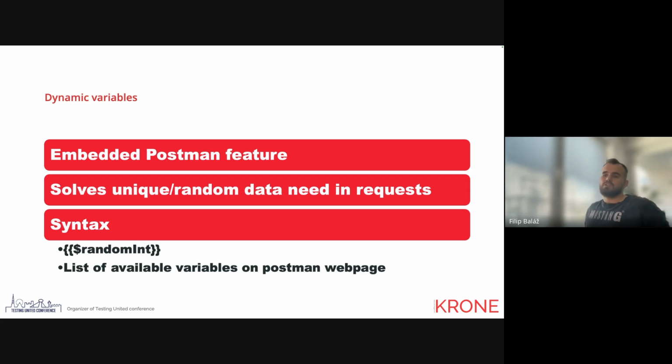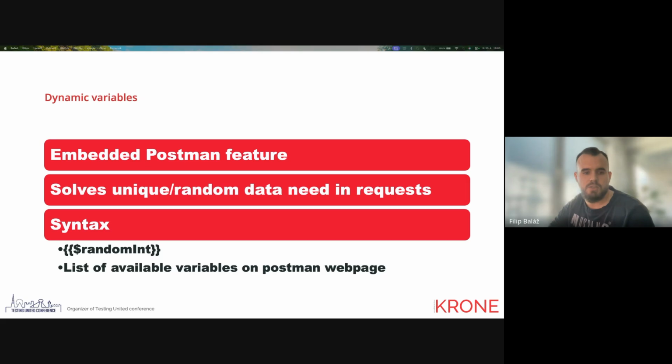Then you choose one from the list that is provided by Postman. For example, $randomInt is for a random integer, so a random number will be generated. Postman has a list of available variables on their web page. I will quickly show it to you so you can see for yourself.